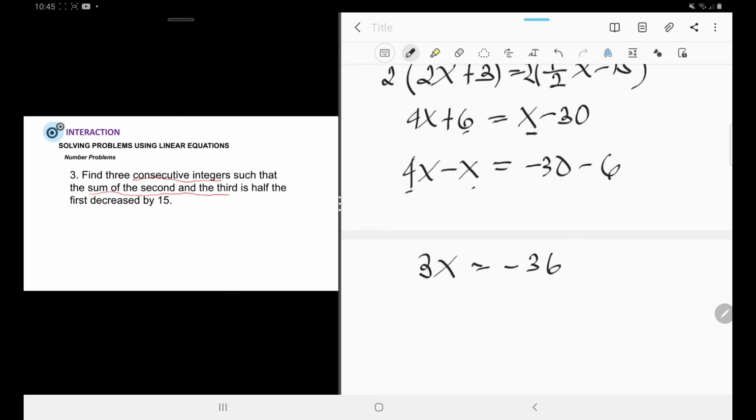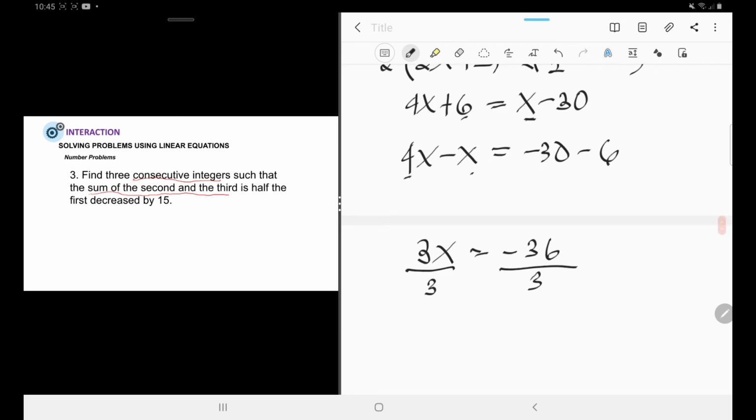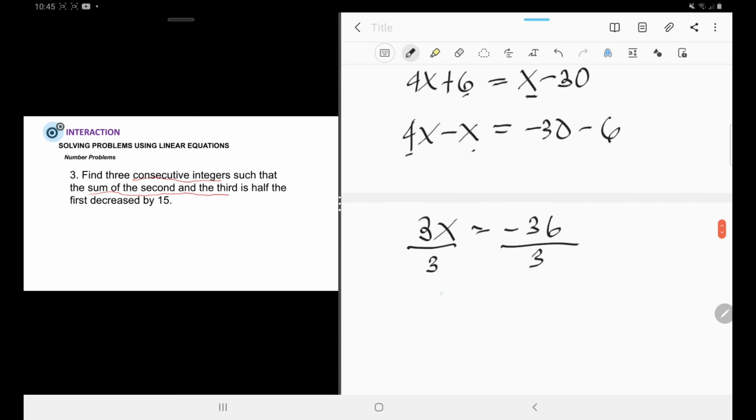Okay, and then divide both sides of the equation by 3, where 3x divided by 3 is x, and negative 36 divided by 3 is negative 12. This is the value of the first integer.